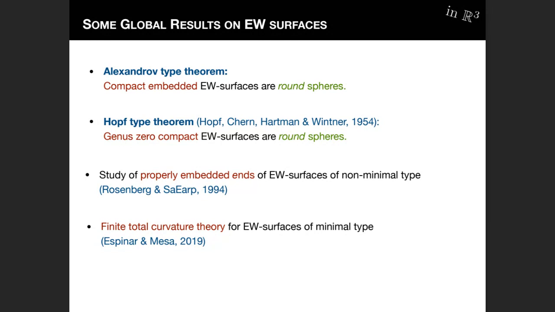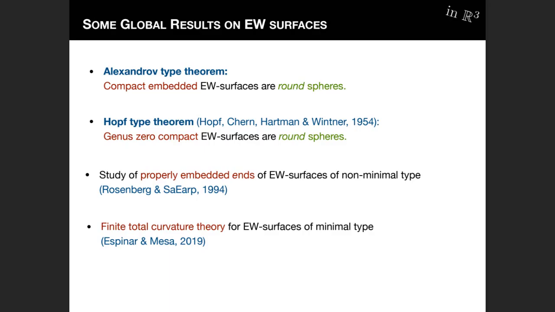So we also have a maximum principle for elliptic Weingarten surfaces because they also satisfy an elliptic partial differential equation. So the theorem here says the same as the classical Alexandrov theorem for constant mean curvature surfaces. Any compact embedded elliptic Weingarten surface has to be a round sphere.